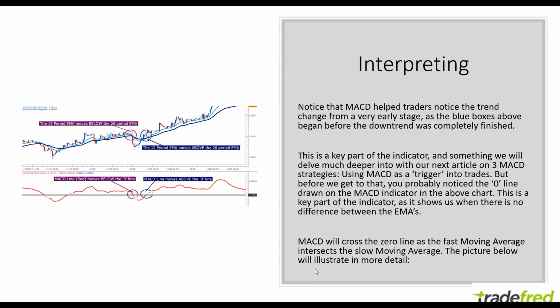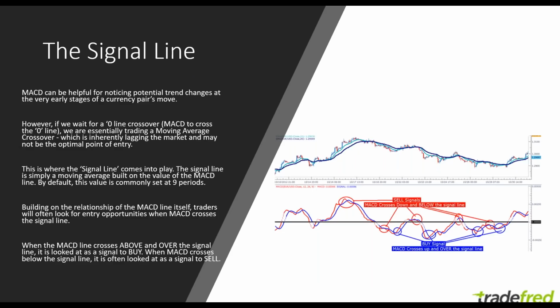This is a key part to the indicator as it shows us when there is no difference between the EMAs. MACD will cross the zero line as the fast and the slow moving averages intersect. And it is very important because we don't care about the moving averages above on the chart.